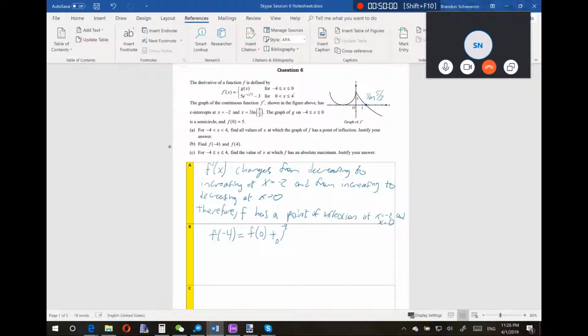From 0 to 4, my derivative is going to be g of x, which means I'm going to have to integrate this circle. They told us somewhere here. Semicircle. Okay.